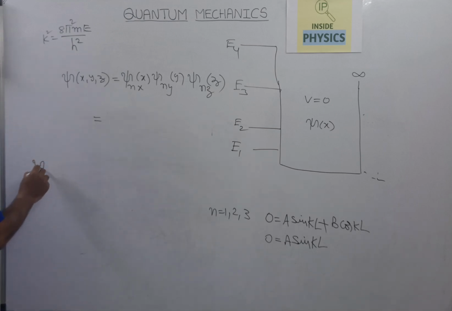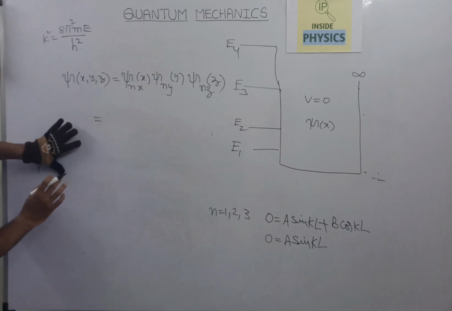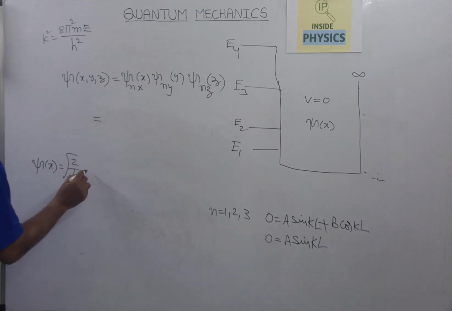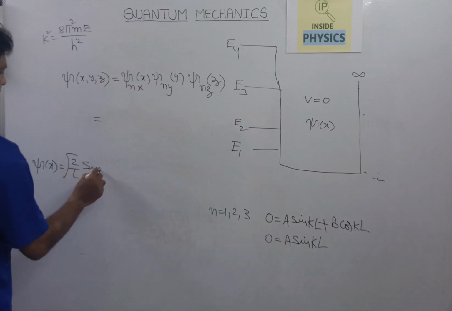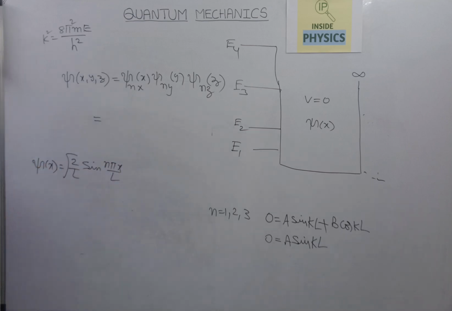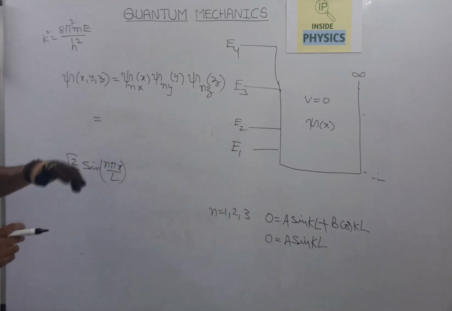Already we have seen psi of x is equal to root of 2 by L into sine of n pi x by L. This is what the wave equation becomes when we evaluate the boundary conditions.